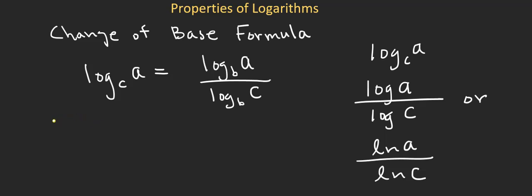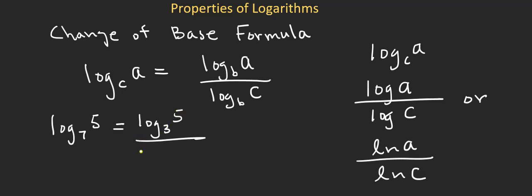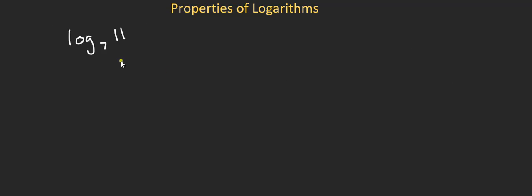So another example is, let's say you have log base 7 of 5. I mean, you could say log base 3 of 5 over log base 3 of 7. But when we change the base, we usually change it to base 10 or base e, which is the natural log, because this is not really useful when you have a base other than 10 or e. There are two ways of evaluating this.